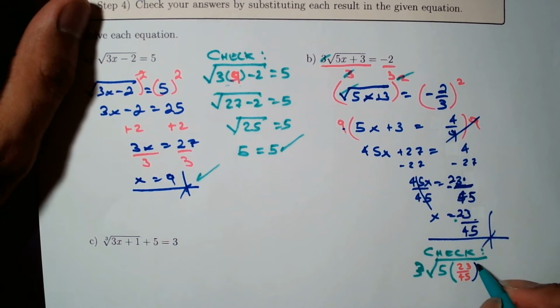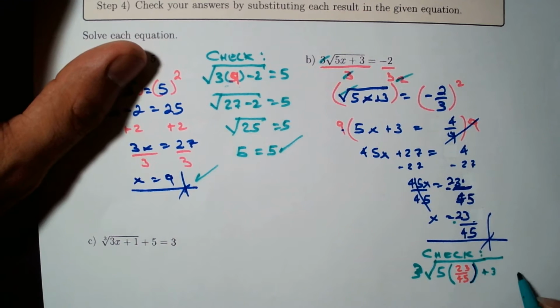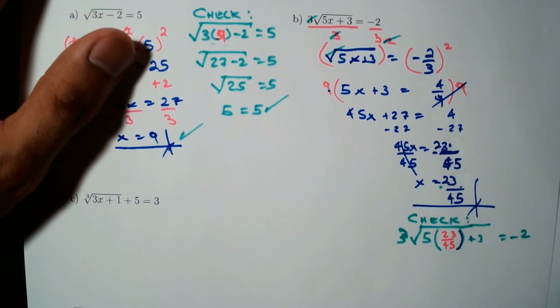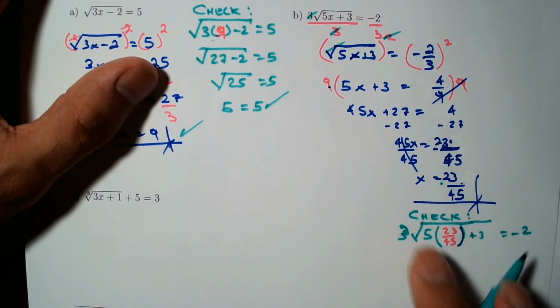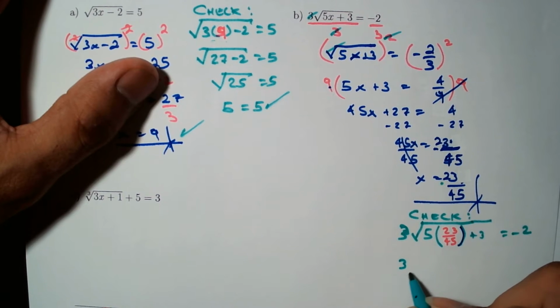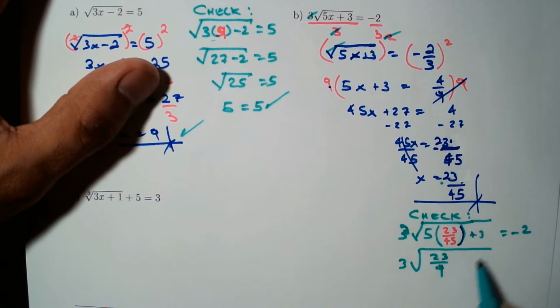I agree, but we will have to deal with this, of course. Plus 3, is that equal to negative 2? Well, we'll find out. 5 times 23 over 45 gives us a 9 in the denominator. So 3 times the square root of 23 over 9, plus 3, equals negative 2.